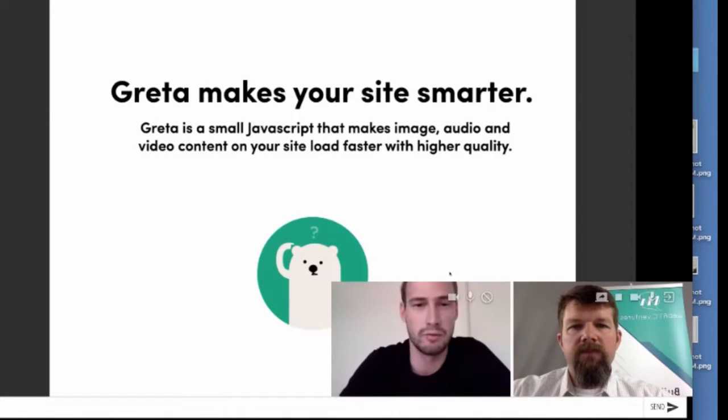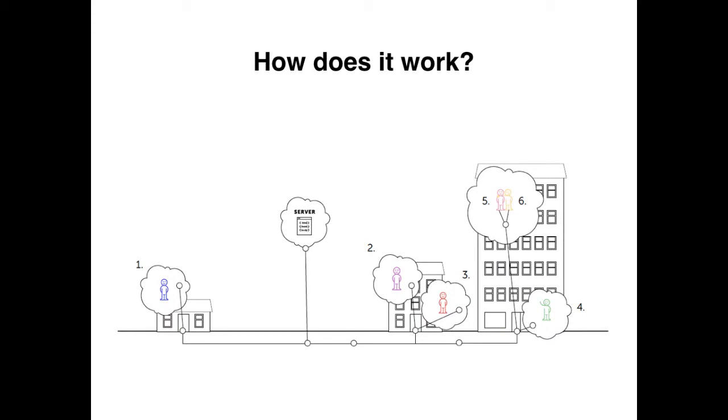So let's look at how it works for a small neighborhood, basically. This is a very simplified case, but it sort of points out what happens. In the middle there, we have the server, and then we have a few different users, and they are spread out throughout this small neighborhood, and they are numbered. If we take the blue person over at the 1, he's very far from everyone else.